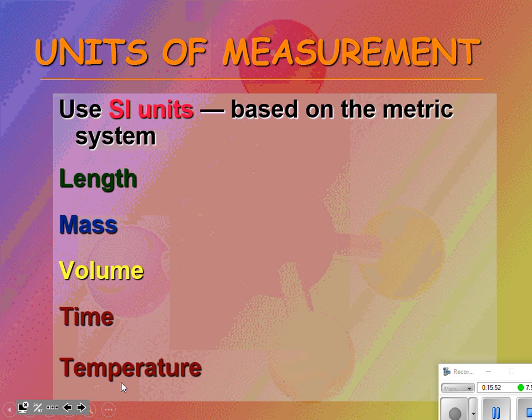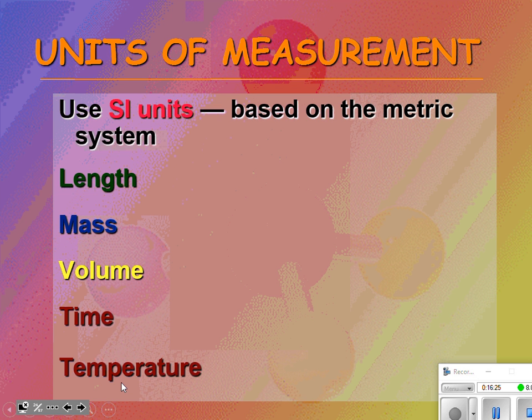We have SI bases. And here are just 5 of the SI bases that we will deal with in here. Length, mass, volume, time, temperature. So when we're talking about lengths in the metric system, we're going to be discussing meters.